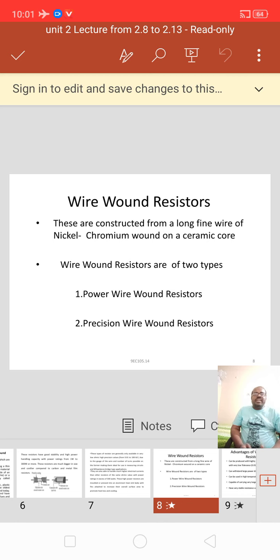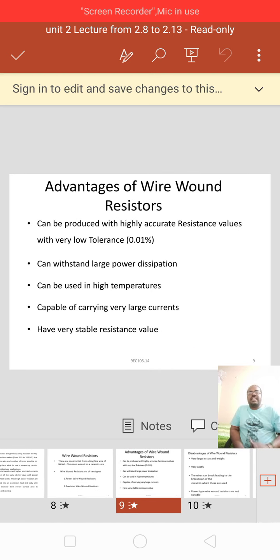On this core material, we wind a wire, and that wire is nickel chromium wire, to get the wire wound resistor. These wire wound resistors are of two types: first, power wire wound resistors, and second, precision wire wound resistors. We already learned this in the earlier slides.